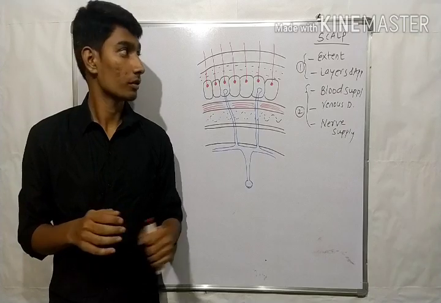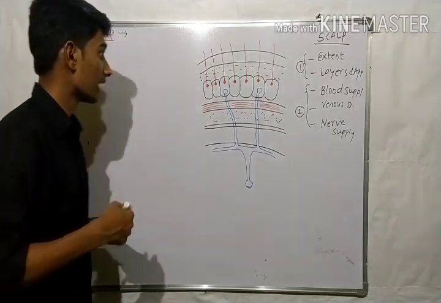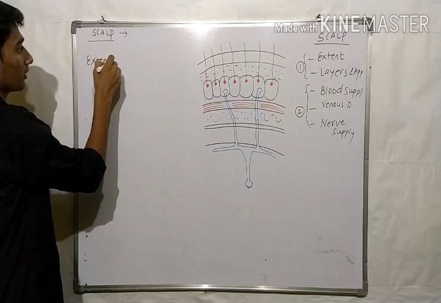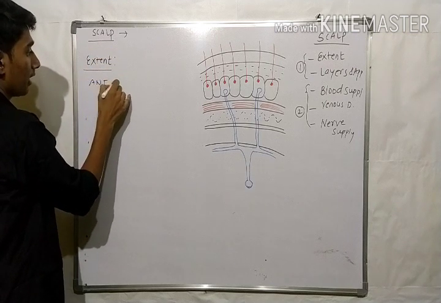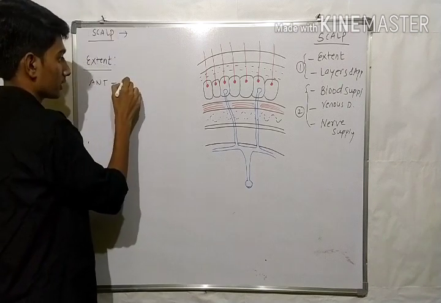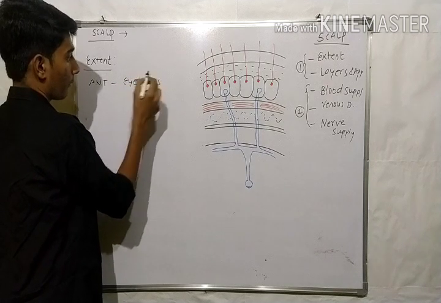First of all we will discuss the extent of scalp. Anteriorly the scalp extends up to the eyebrows.